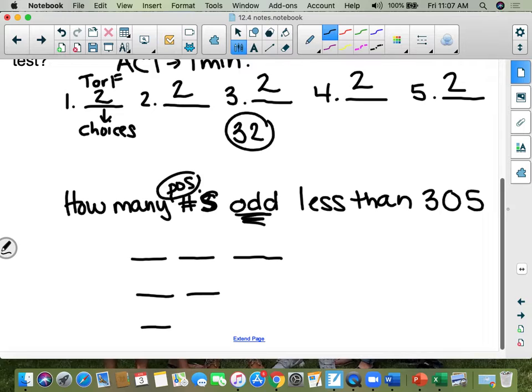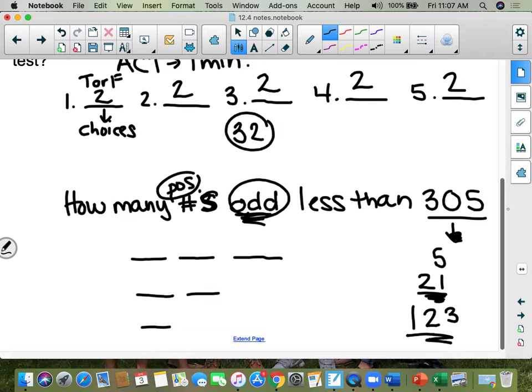If you don't believe me, isn't 5 less than 305? Isn't 5 an odd number? Isn't 21 less than 305? Isn't that also an odd number? Isn't 123 less than 305? And isn't that an odd number?